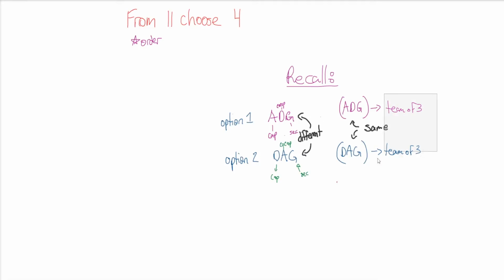But here, if we're just talking about a volleyball team of 3 people, if you tell me that ADG are going to be on the court versus DAG are going to be on the court, well, that's the same team. What are you talking about, right? Those aren't different combinations, right?